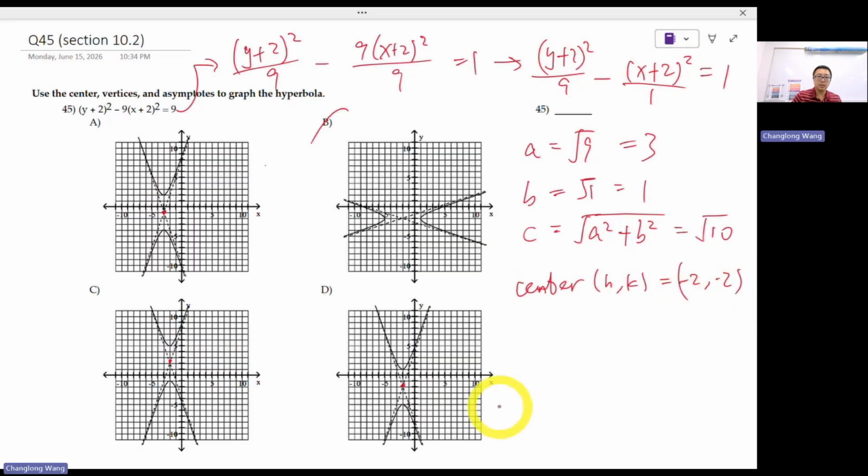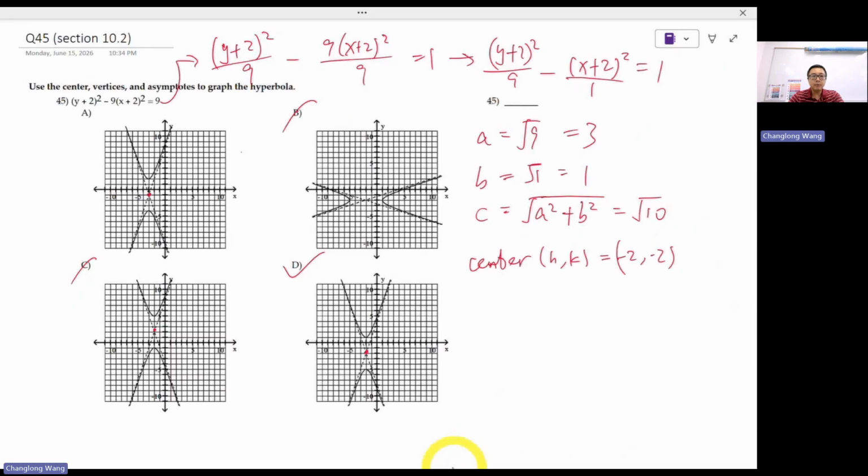So obviously in the third quadrant, so C is out, right? When it comes to A and B, I can see that the center is 2 units to the x, 2 units to the y in the third quadrant, therefore it has to be D. Okay. But of course, if you have to get everything, foci, vertices, even including the asymptotes, but let's first get the vertices and foci figured out.